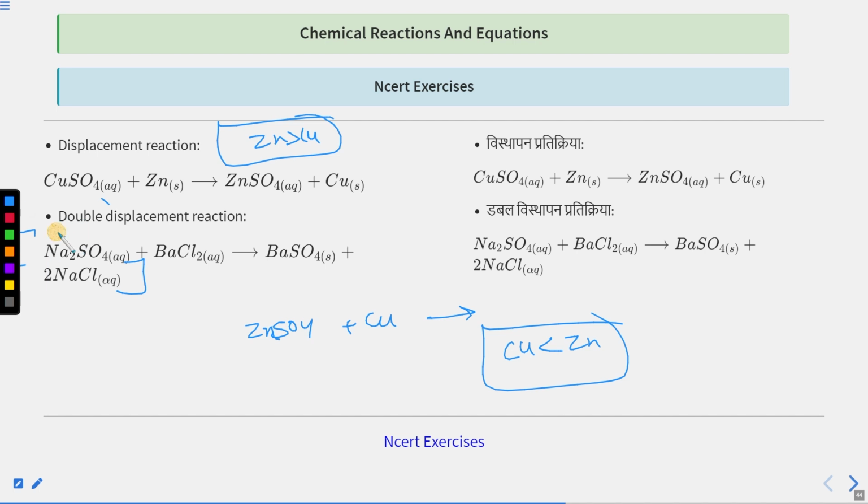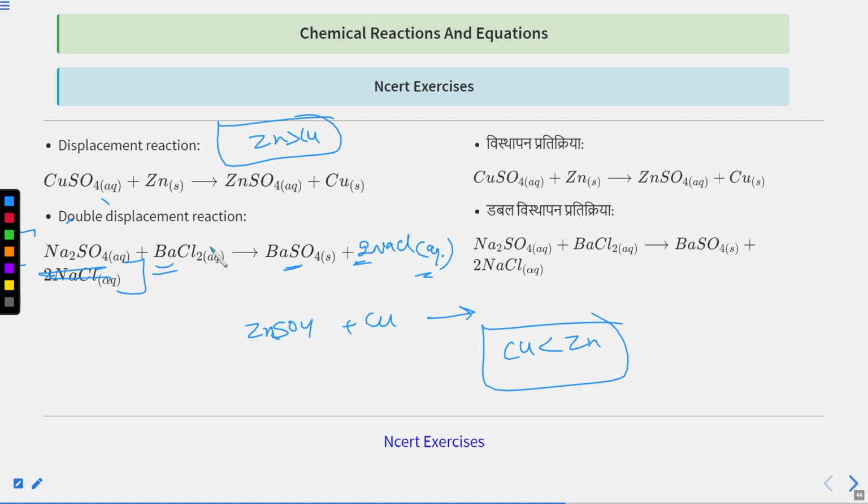You can see this is sodium sulfate, this is barium chloride, this one is barium sulfate, and this is 2NaCl, which is sodium chloride, on the product side.